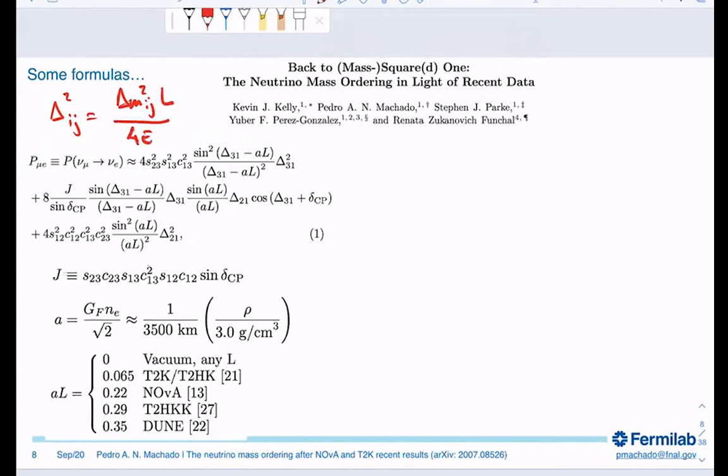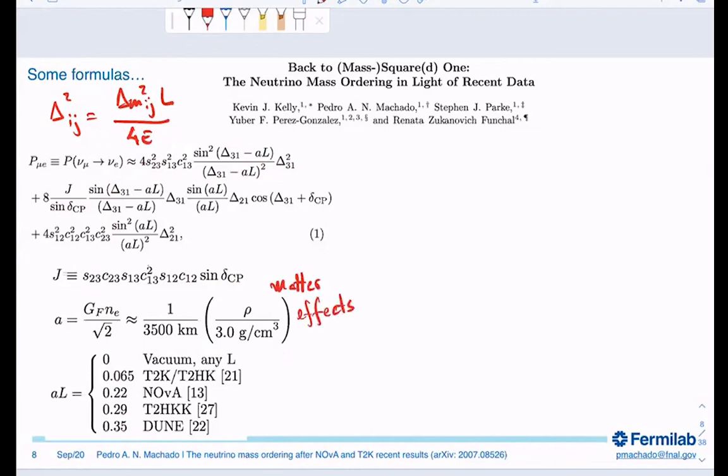So that's basically the oscillation phase. You don't need to care about all the details, but you have one term that is the leading term, which has no intrinsic CP violation. The CP violation comes in this Jarlskog invariant here, but it has this A, which has something to do with matter effects.